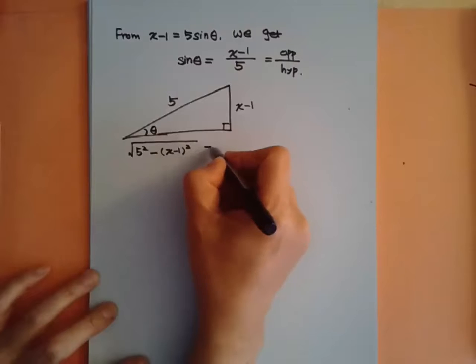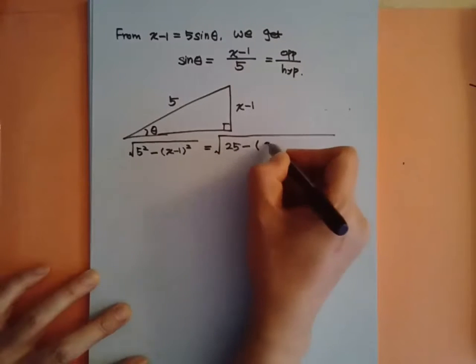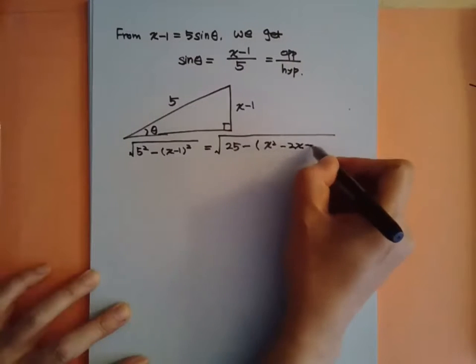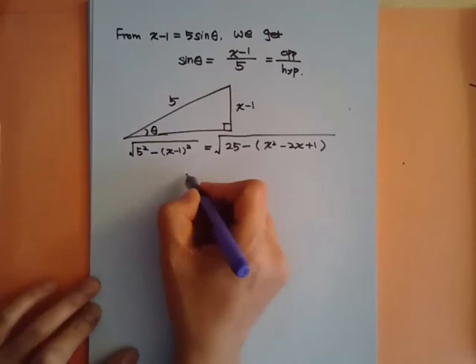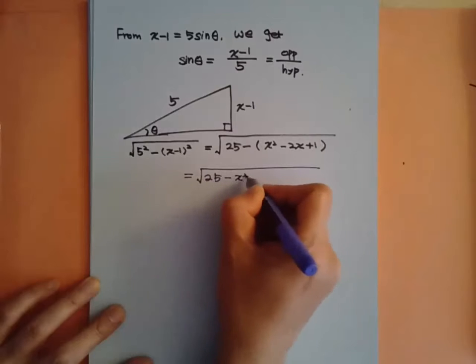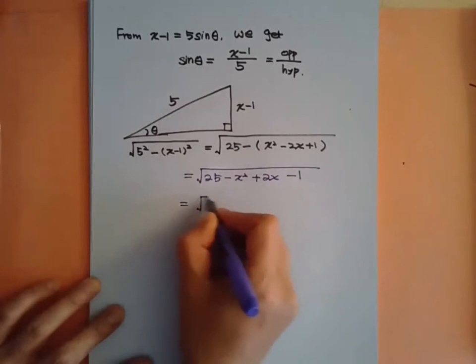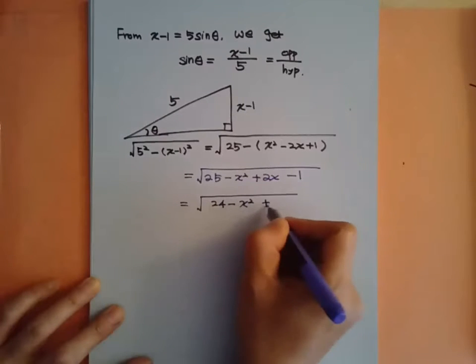So that equals square root of, this one is 25 minus open parenthesis x squared minus 2x plus 1. So that is square root of 25 minus x squared plus 2x minus 1. That equals square root of 24 minus x squared plus 2x.